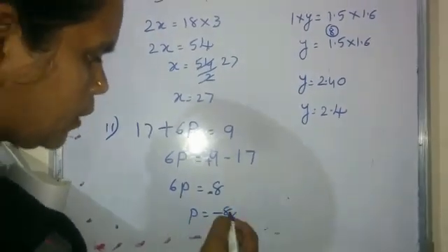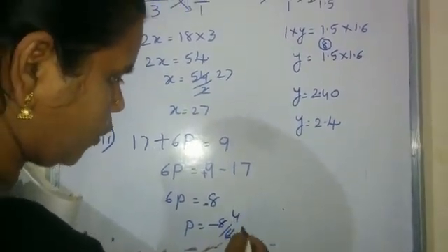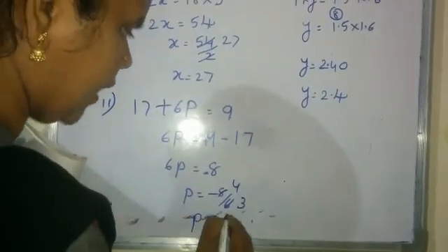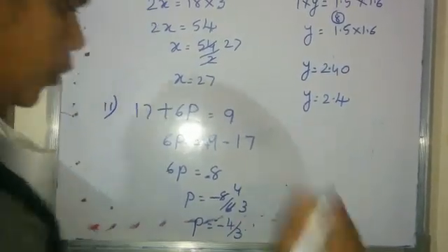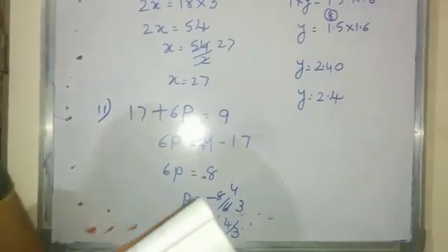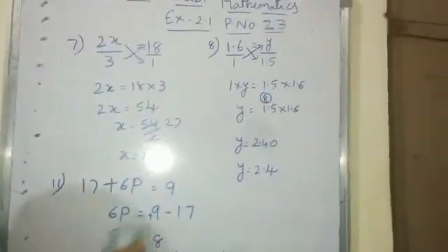Both are multiples of 2, so p is equal to minus 4 by 3. Now see, children, the 12th one.